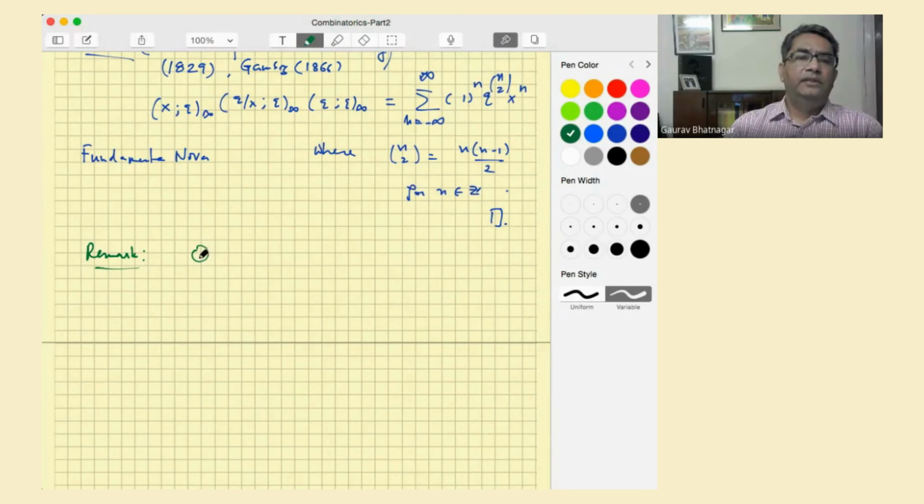So this thing, theta of xq equal to minus 1 over x theta of x cube, is known as quasi periodicity.